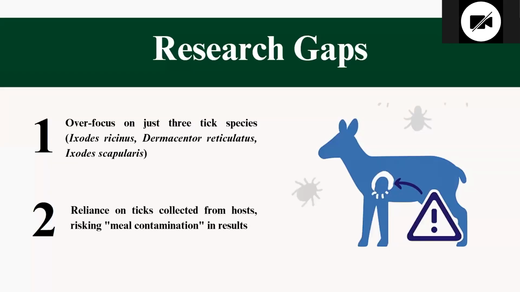But the other important tick species like Hyalomma, Haemaphysalis and Rhipicephalus were rare or performed on ticks collected from domestic animals or livestock. And studies on partially engorged feeding ticks can lead to misleading conclusions, as the detection of the genetic material of pathogens in such ticks may be a result of host infection and blood contamination in ticks.